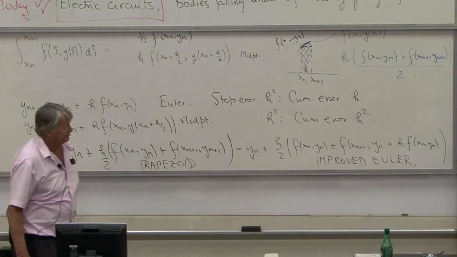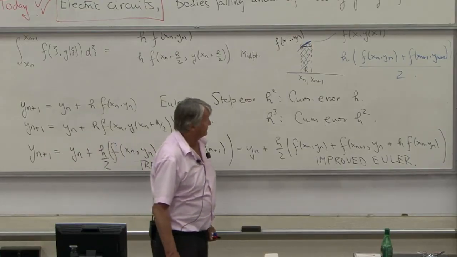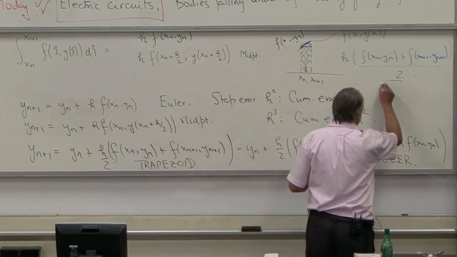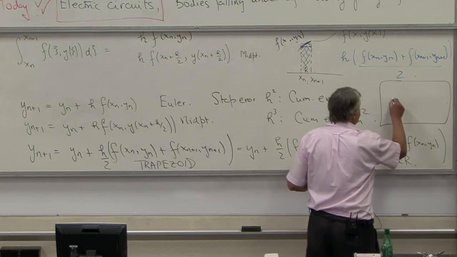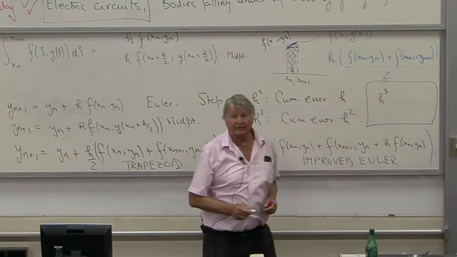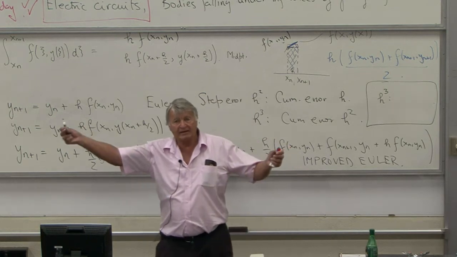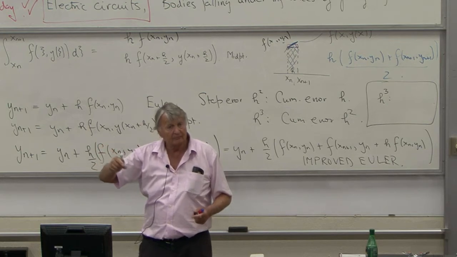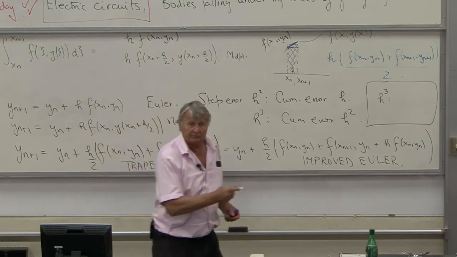Now, somebody had a question. Yes? Why again did the cumulative error go down by 1? All right. If the stepwise error is h cubed, then to get up to a point x, which is capital N times h, there'll be N such errors, right?